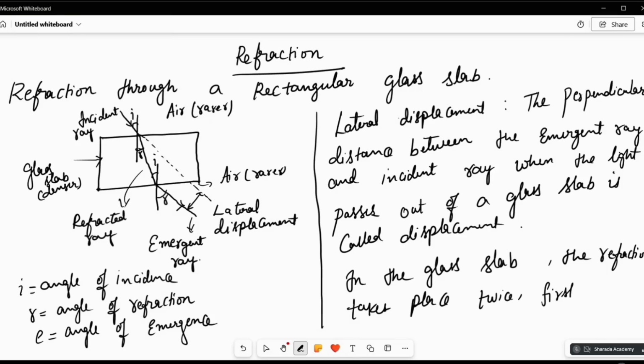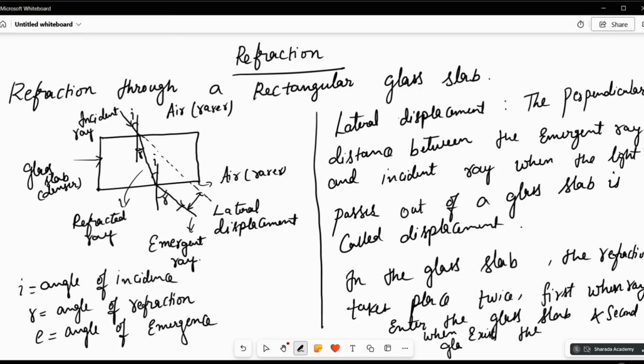First, when a ray enters the glass slab. And second, when it exits the glass slab.